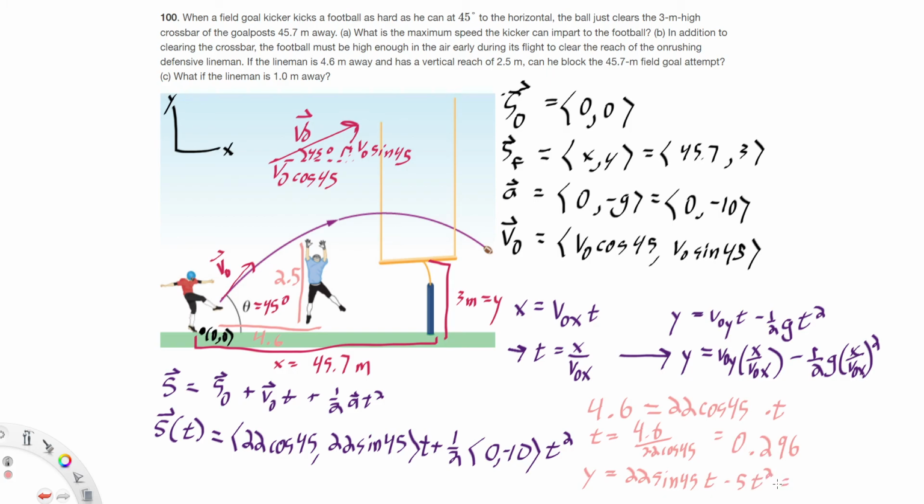If we plug in 0.296 for t, y at 0.296 seconds is going to be 4.17 meters in the air. That is well out of the reach of any human defender.